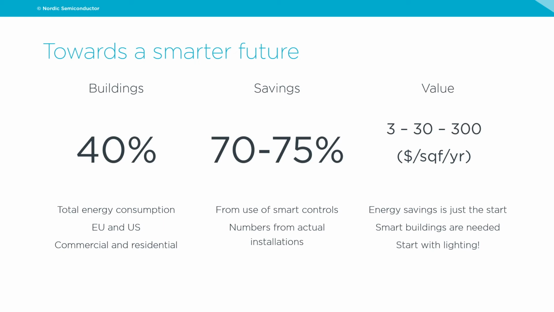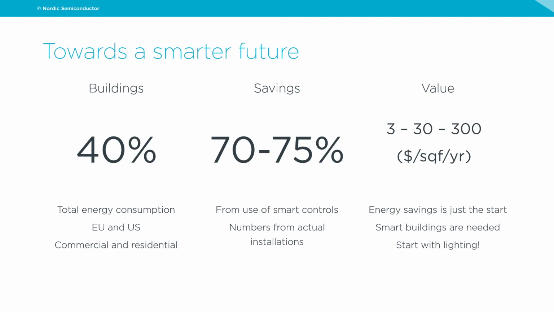Savings: 70 to 75%. That's a number published by the Bluetooth SIG, and you can see presentations on their website where they talk about this. That's the savings you get from the use of smart controls, meaning the lighting system and the way it's controlled by sensors. That alone gives you 70 to 75% energy reduction.